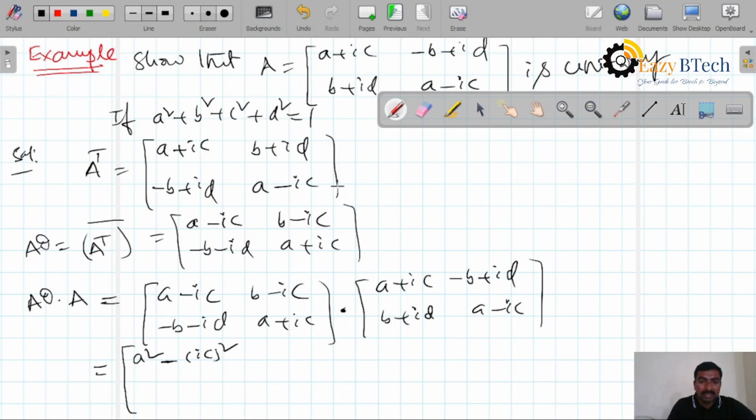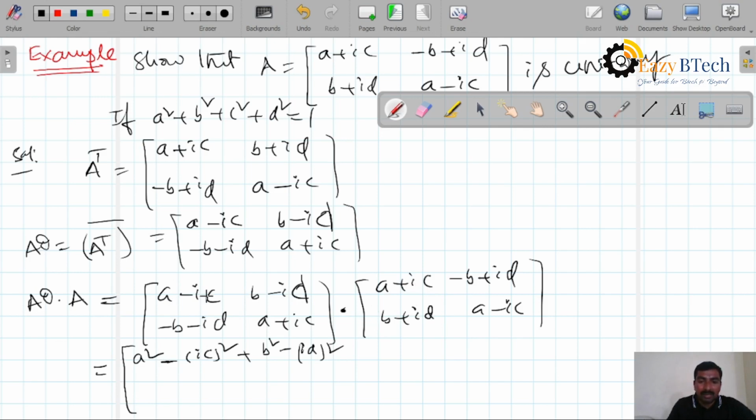There is some mistake. This is not c, this is d. Yeah, b minus id into b plus id. This is also a minus b into a plus b. That means a square minus b square according to that formula. Plus we can write b square minus id whole square. Once again I am telling you, this is a minus b into a plus b, a square minus b square. This is also a minus b into a plus b, also a square minus b square. According to that formula we can write this.